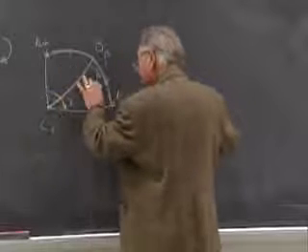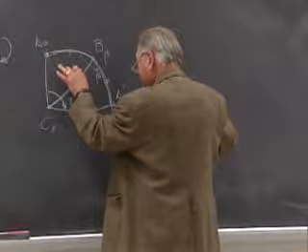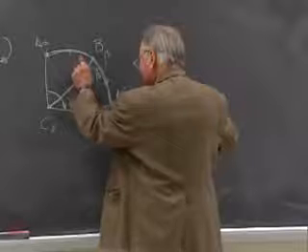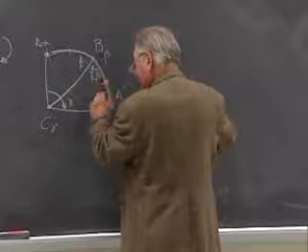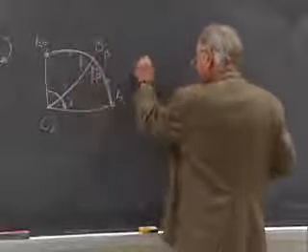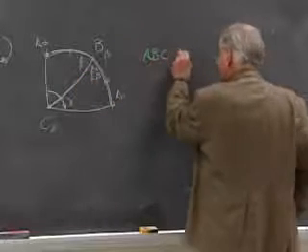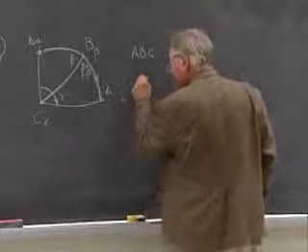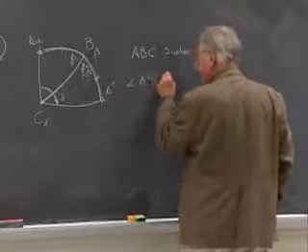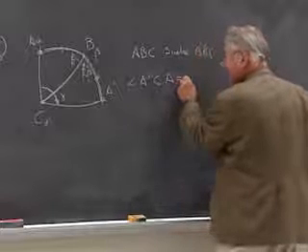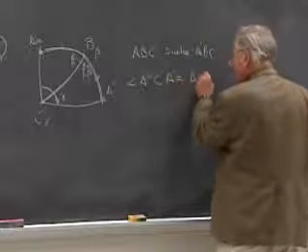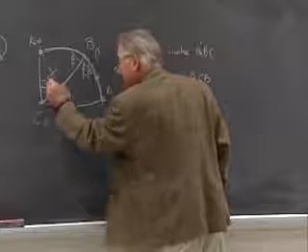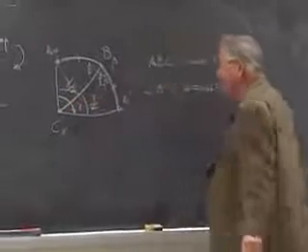This side is common to these two triangles, and this angle then is beta over 2, this is beta over 2, and these two triangles, A, B, C, that triangle is similar to A prime, B, C, and therefore I can say that angle A prime, C, A is identical to A, C, B. So therefore, this angle has to equal this angle, and if the total angle is gamma, this is gamma over 2, and this is gamma over 2.